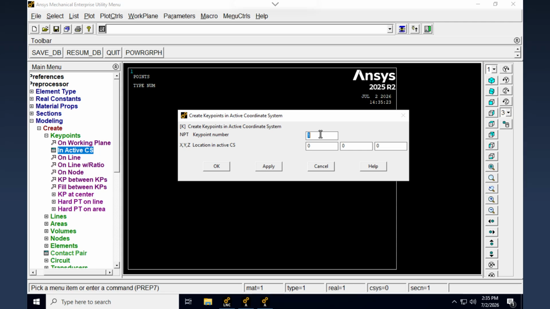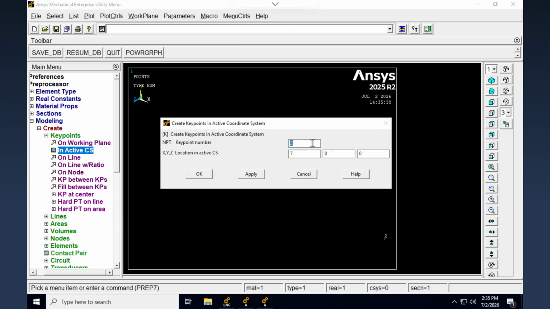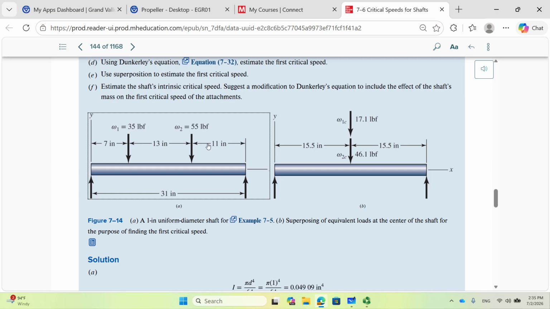Then point 2 was the first gear located 7 inches from the left. So let's look at them. So this is point 2, and then point 3, okay, 20. Let's look at it, see how far point 3 was located from the left.